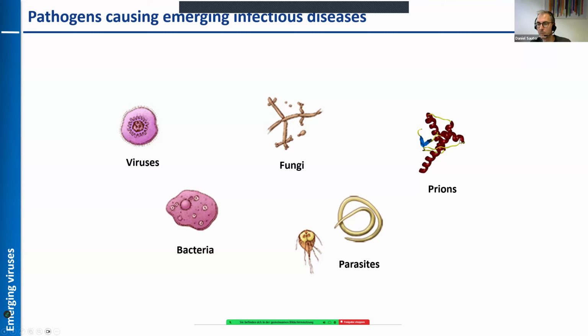And one prime example would be prion diseases, which had not been described a few decades ago, let's say. But today, as I mentioned, the focus will be on viruses. So apart from any time and anywhere, it could also be anything that causes an emerging infectious disease.